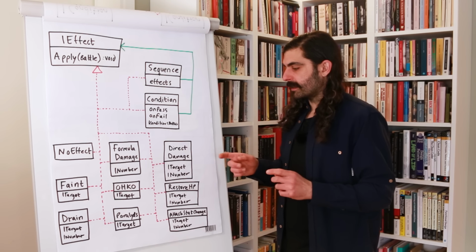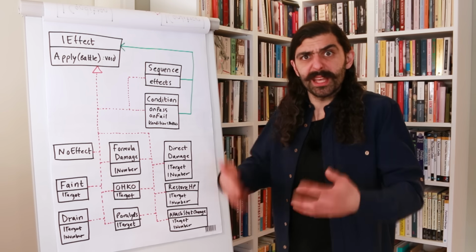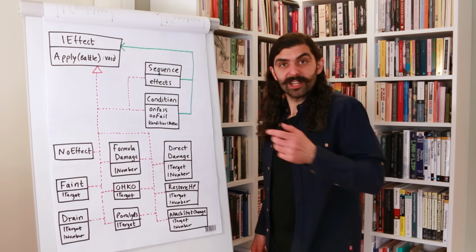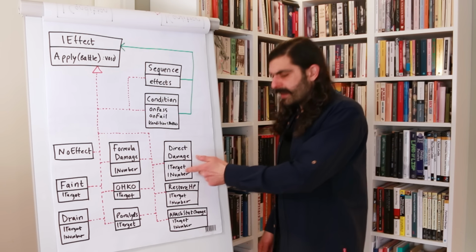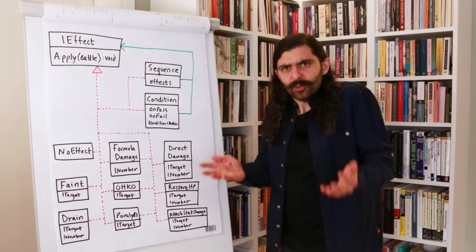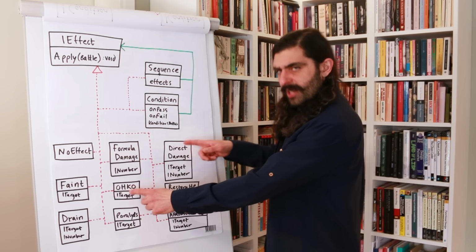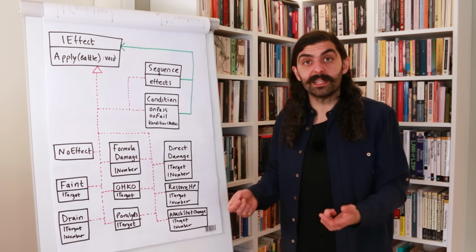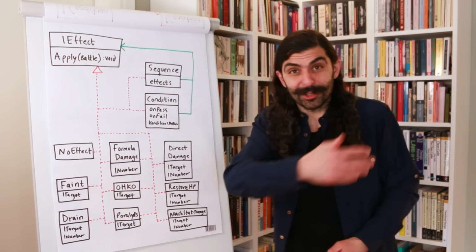What I'm trying to say is this: one-hit knockout could just be expressed as direct damage towards the defender with exactly as much damage as the defender has HP, combined with a message that says it's a one-hit knockout. You could do that. But I've opted to separate them because I'm convinced that will make the implementation of abilities much easier, beyond the other reasons that we talked about before.